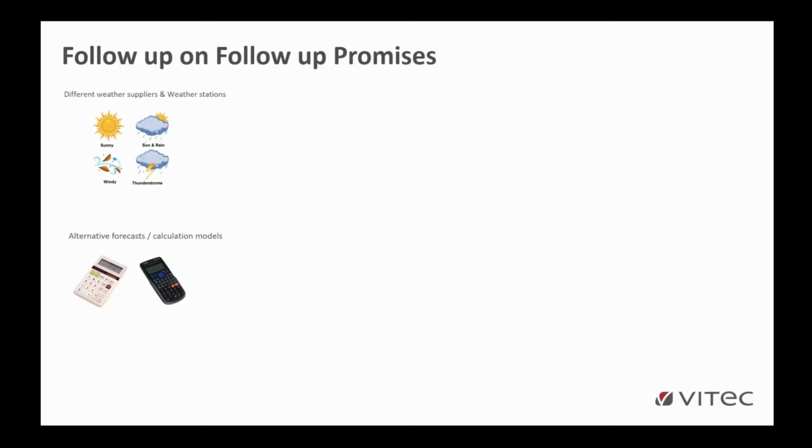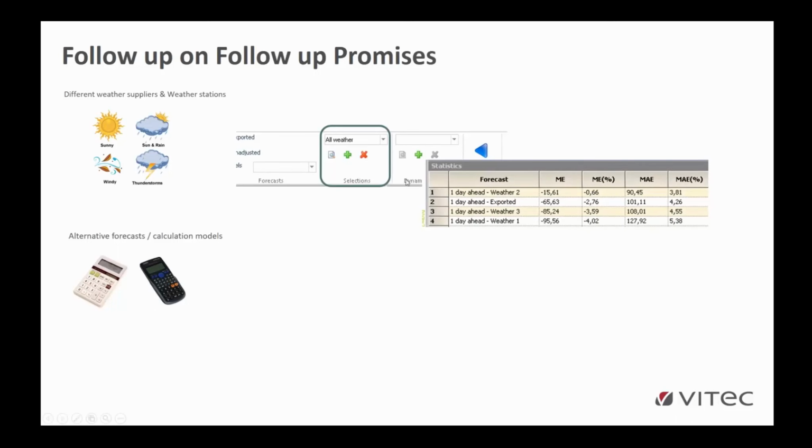And then, next one. Looking up on the promises that we talked about in the beginning: different weather suppliers, different stations, and alternative forecast and calculation models. The weather you compare in the selection. That's where you set up to compare different weather and to optimize the weather as well.